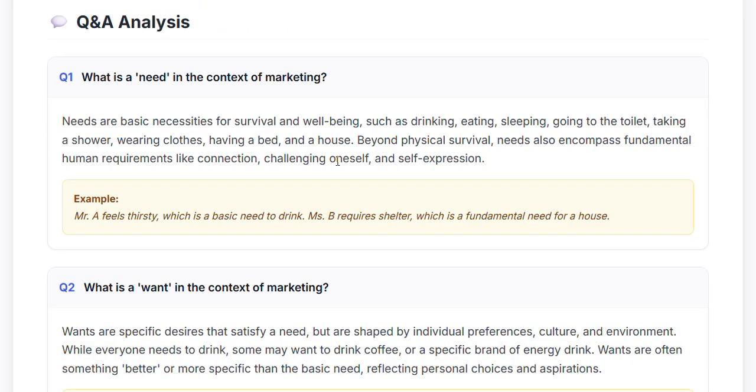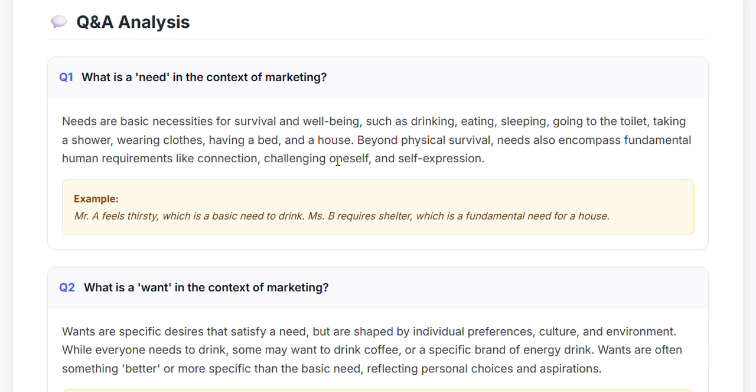What is a need in the context of marketing? Overall, needs are the basics essential for survival and well-being, such as drinking, eating, sleeping, going to the toilet, taking a shower, wearing clothes, and having a bed and a house.